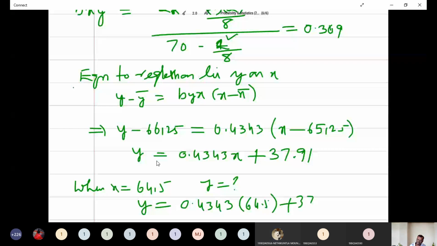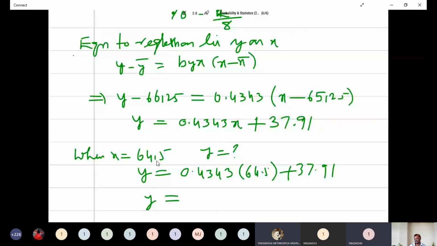What about the daughter's height? 65.92, sir. Write whatever value you get. No problem. This is the answer.